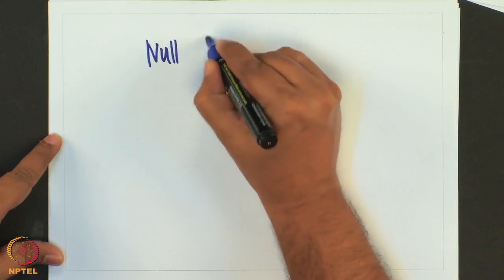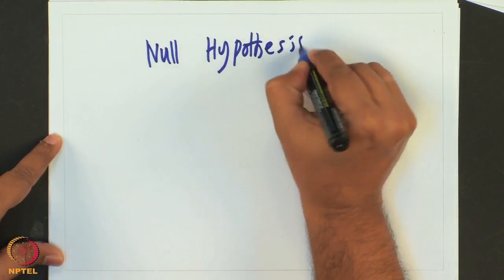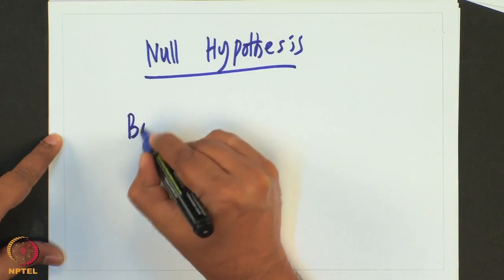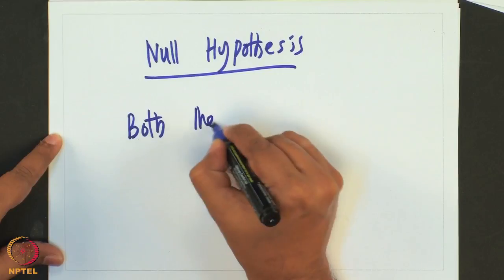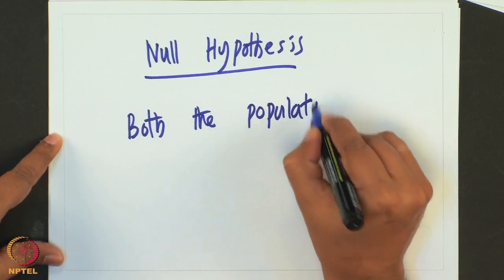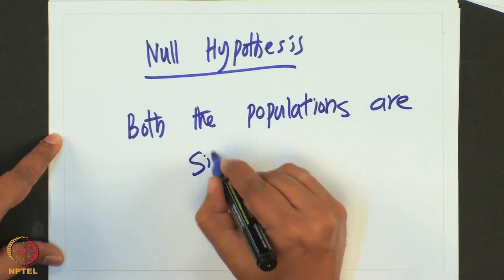You typically would start with something called a null hypothesis, and typically what this says is that there is no difference. Both the populations are similar, there is no difference.